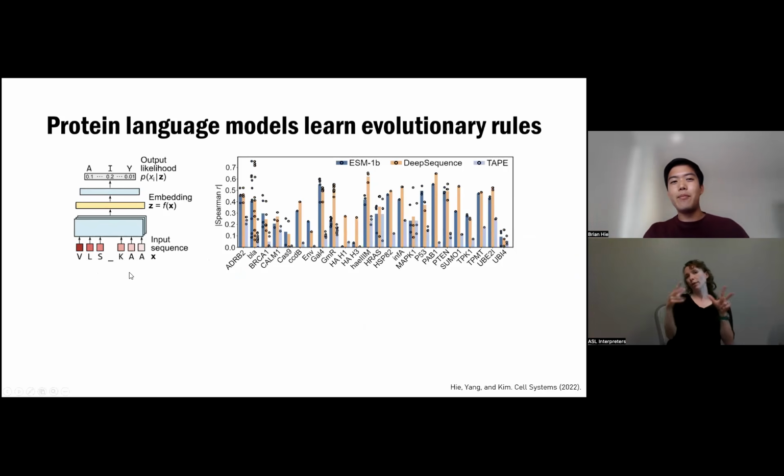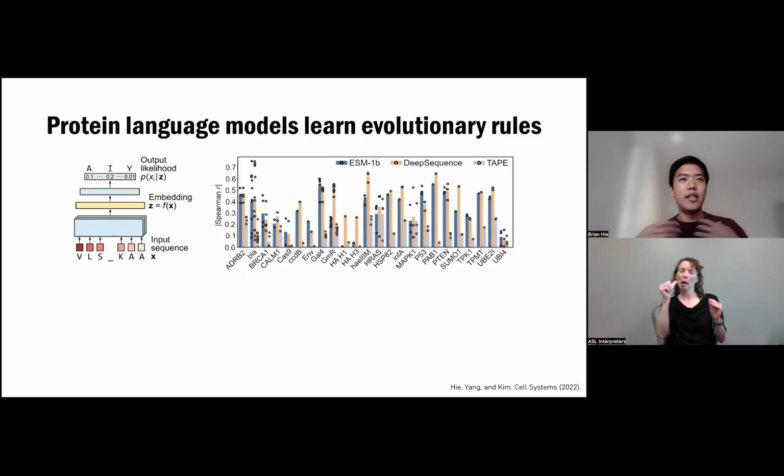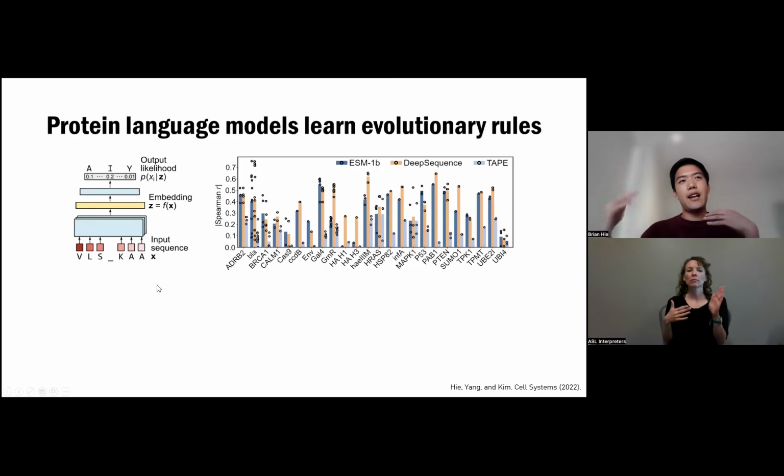I think this is a machine learning for protein seminar, so I won't go too in depth into the different types of language models and will assume some general familiarity with them. But at a high level, a language model will define some probability distribution over sequences, in this case protein sequences.